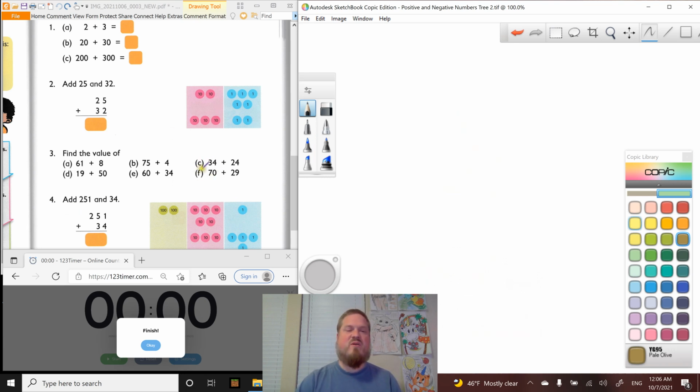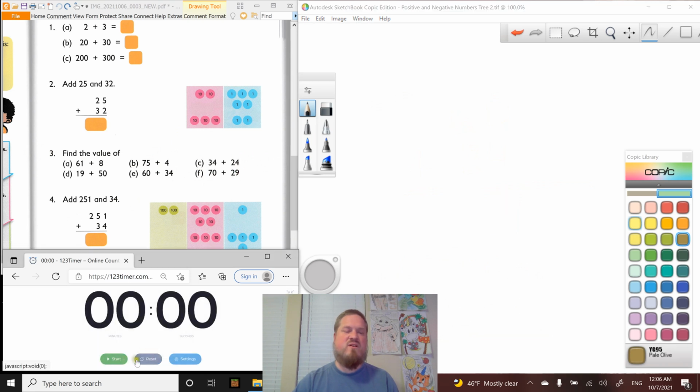Final problem for problem 3 is F. Doing 70 plus 29. Write it vertically and solve the equation.